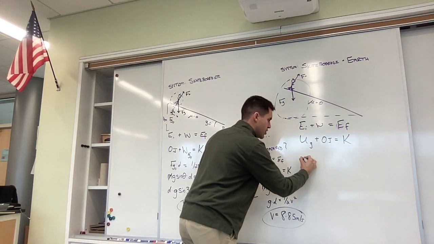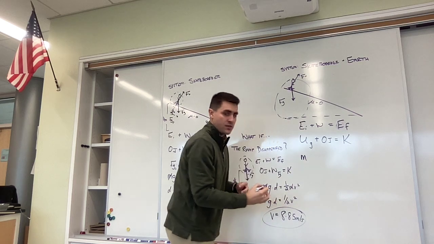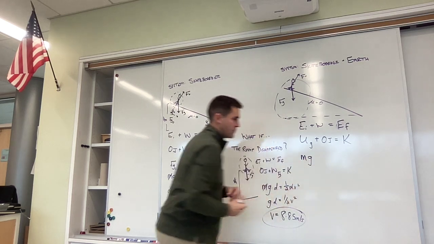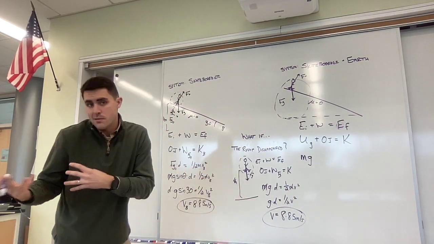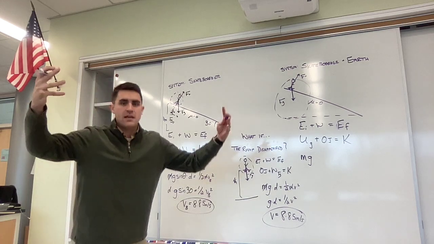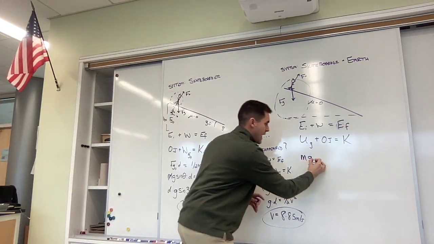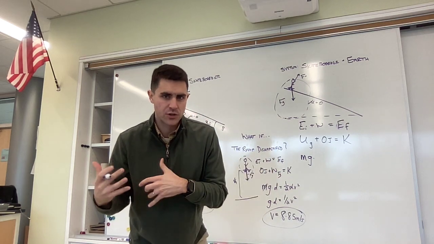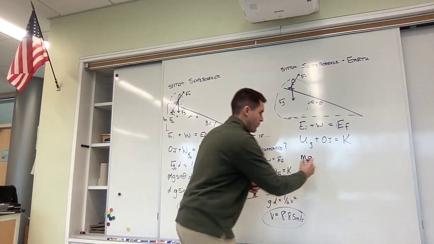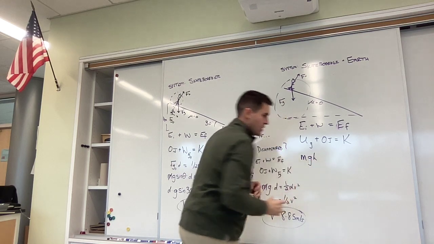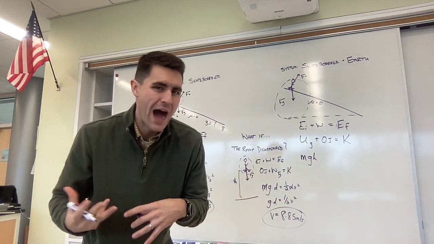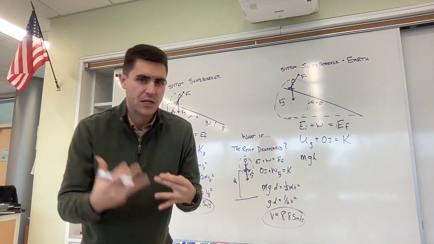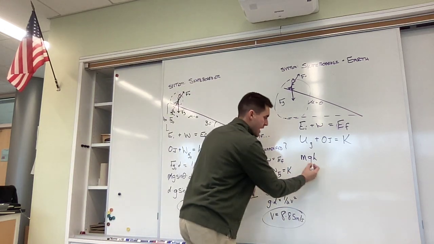Our equation for UG is simply the mass of the object times the gravitational field strength of the planet, or the gravity-producing mass, times how high an object is from the surface. So for us, this is 4 meters. We're going to call this H. Sometimes we'll call it delta Y if we're thinking about changing gravitational potential energy, but for us, it's just H.